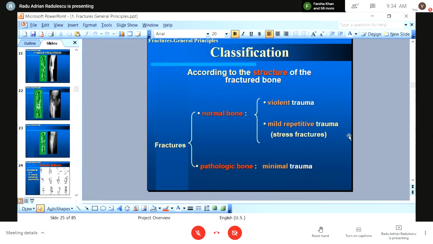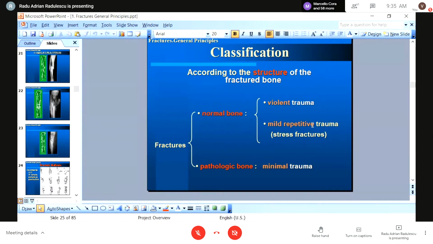For example, let's say in the army, but not now, because now soldiers are not marching anymore. Soldiers are transported with special vehicles. But let's say about 100 years ago, maybe in the First World War or maybe in the Second World War, when the soldiers were marching tenths of kilometers every day, due to mild repetitive trauma at the level of the bones of the feet, for example, they may get stress fractures.